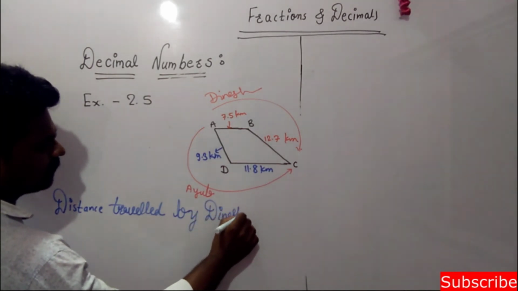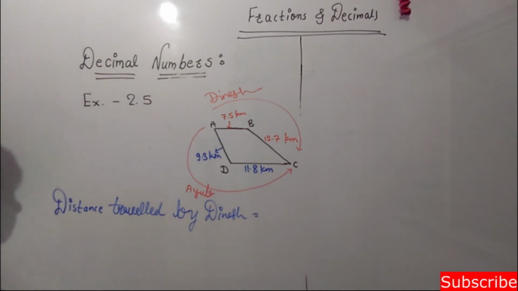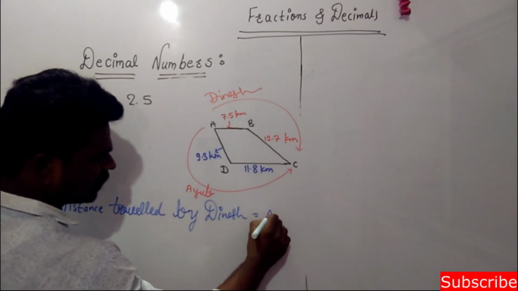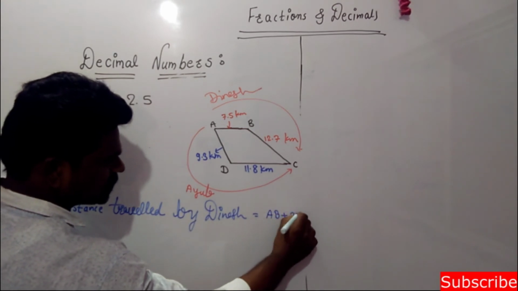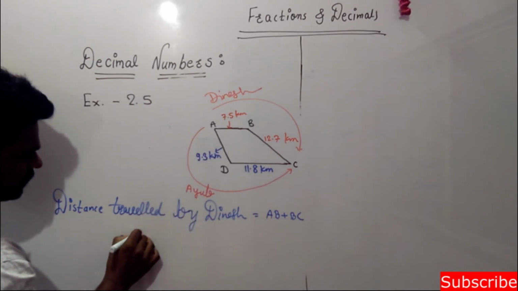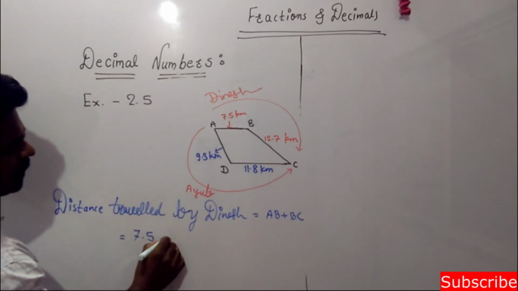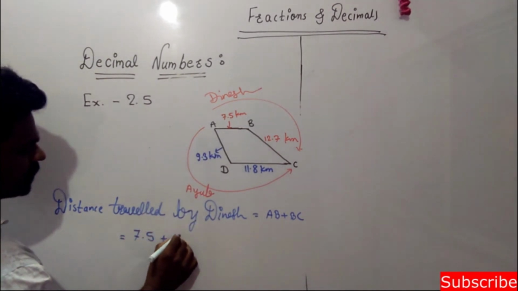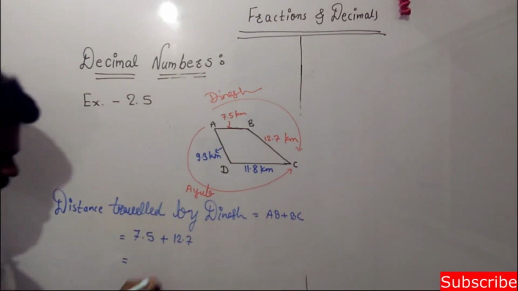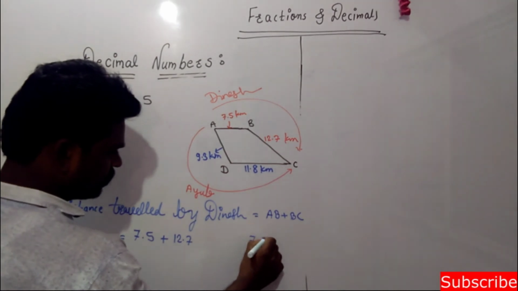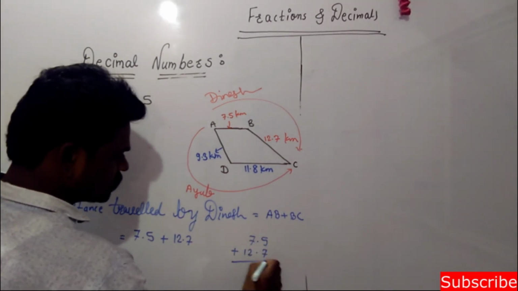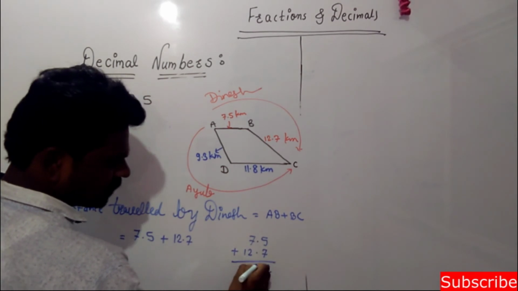Distance traveled by Dinesh is equal to AB plus BC. How much is AB? It is 7.5, plus BC, which is 12.7. You can do it this way also: 7.5 plus 12.7. So 7 plus 5 is 12.